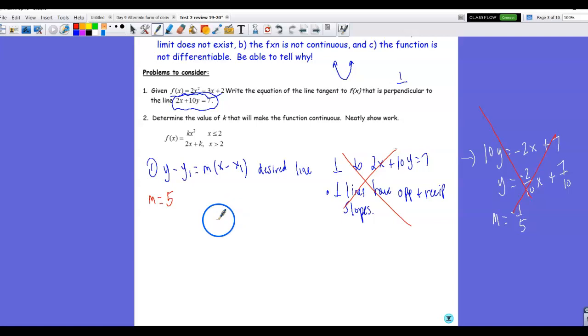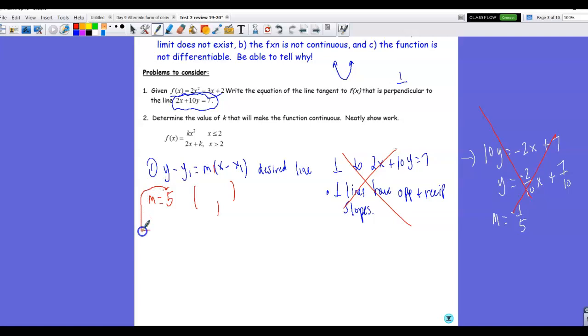All right, now the next thing I realize that I'm going to need is an x and a y value, and they don't give me an x or a y value. So I've got to ask myself, how am I going to get the x and the y value? Well, I have a little bit of a clue right here.